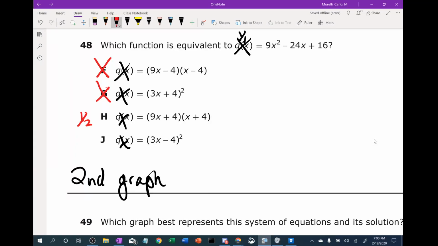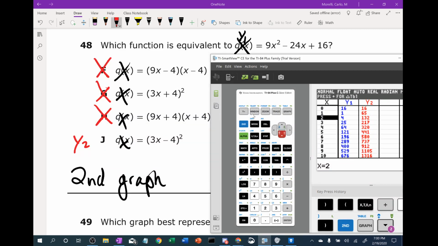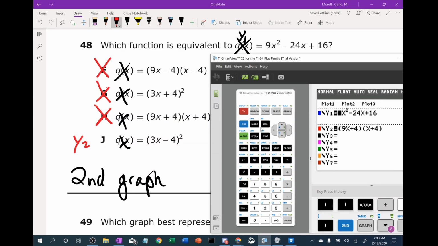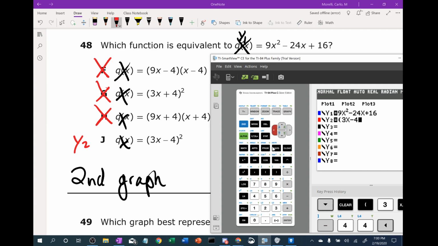Now, guys, by process of elimination, that means it has to be J, but we always want to check. We're never just going to take it on faith that it's going to be the correct answer, because we could have keyed something in wrong. So let's make sure that J is correct. Open parentheses 3x minus 4. Oh, darn.